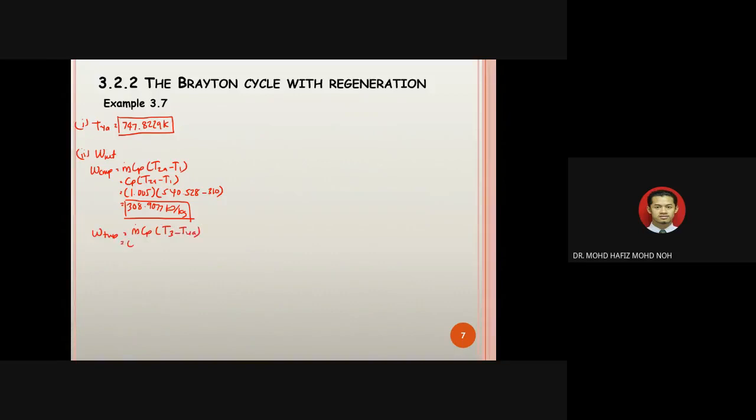So in this case, Cp (T3 minus T4 actual): 1.005, T3 is 1150, T4 actual already calculated, which in this case is 747.8229. So that means W turbine is equal to 404.1879.